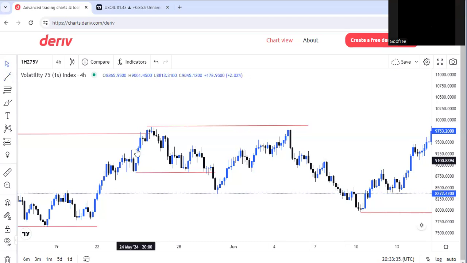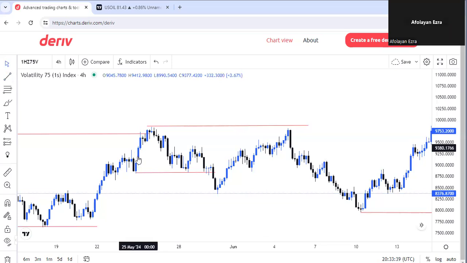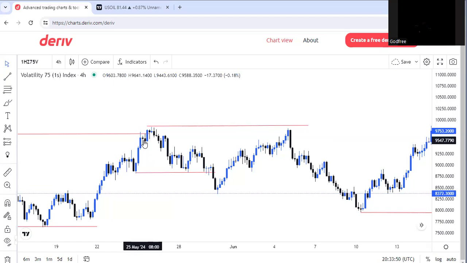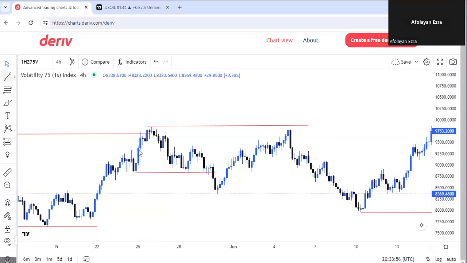When price is going, you see that candles keep printing higher highs, right? This was the highest candle before you see this small candle that formed, right? For it to be a valid retracement, the candle that comes after it must come to take this low first, all right?